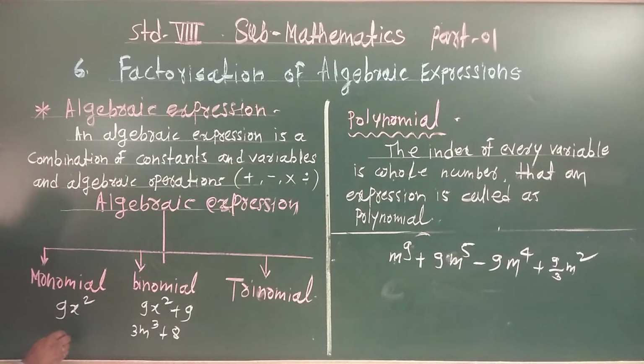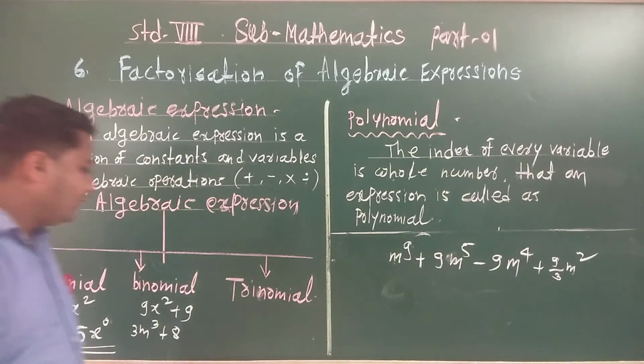So minus 5 is a monomial because it has only one term. Minus 5 can also be written as minus 5x raised to 0, because x raised to 0 has the value 1. So minus 5 into 1 is equal to minus 5. Okay. So that is a monomial.